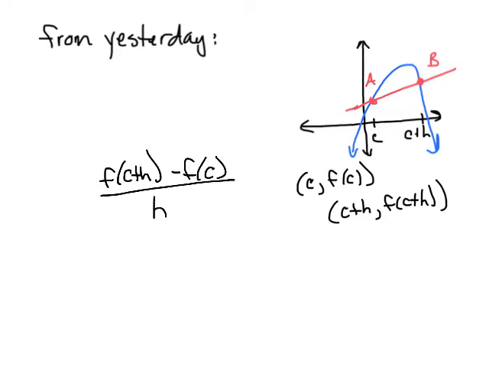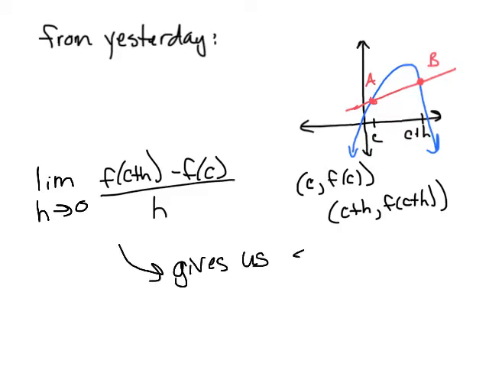But that's not going to work because I really want to evaluate this function when h is 0. So I have to take the limit as h approaches 0 of all of that. And that gives us the slope of the tangent line.